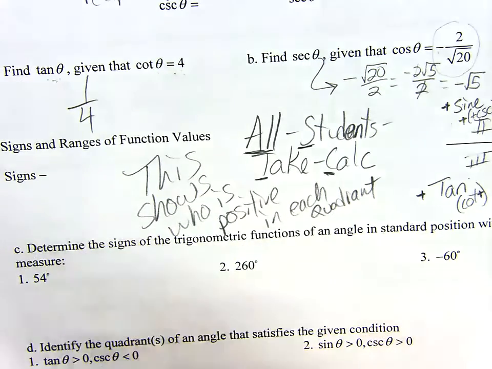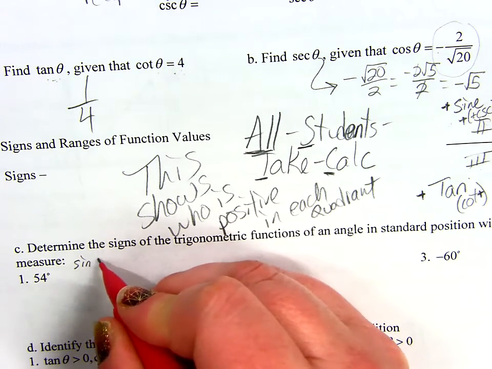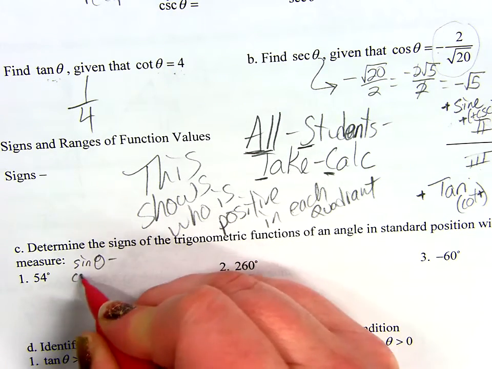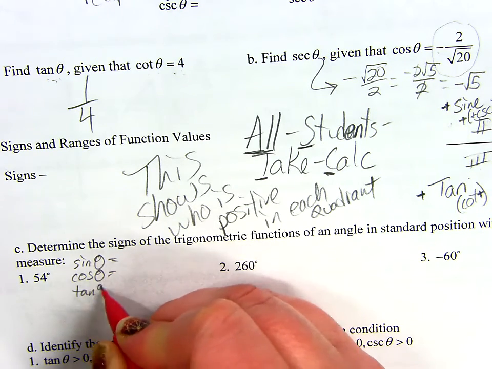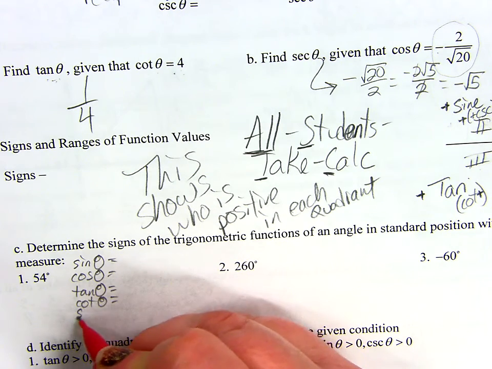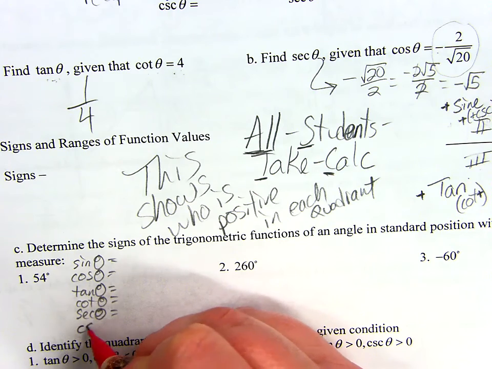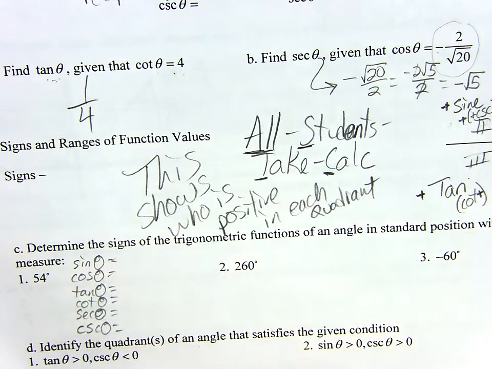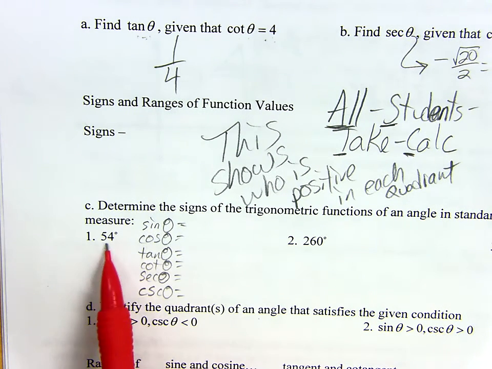What I recommend you do, and I know it's a little tedious, is jot down the six: sine, cosine, tangent, cotangent, secant, and cosecant.